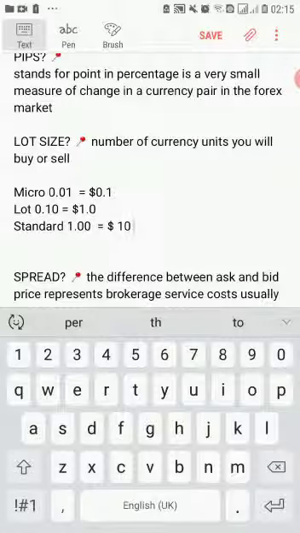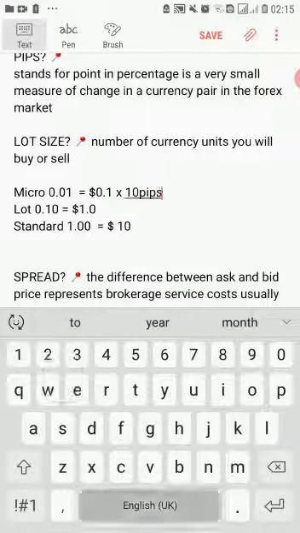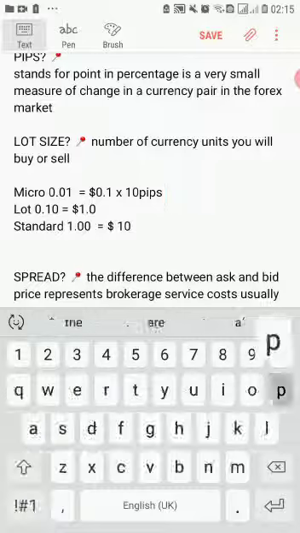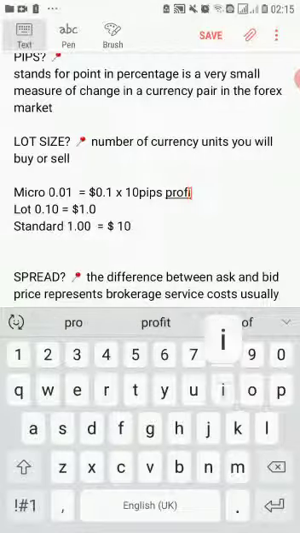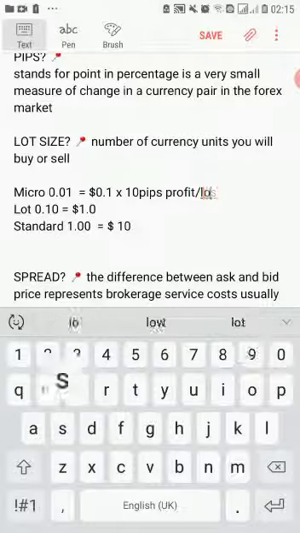to $10. So what this means is, I like to give the example of sports betting. For example, you bet on a team and say, for every goal that they score, I'll get 5 units. If they were to score 3 goals, you would get 15 units at the end of it all. Same goes with this.